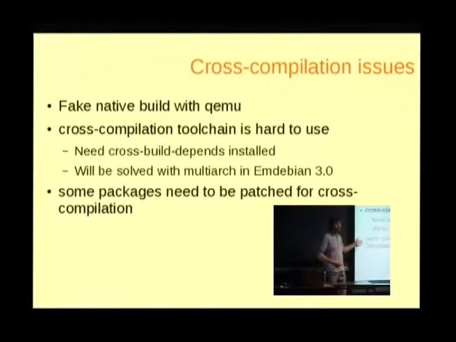And then there is always an issue that the upstreams typically don't care about cross-compilation. And so you need to add patches to support cross-compilation in the first place. The upstreams will typically hard-code paths to /usr/lib, for instance, or /usr/include, so you're pointing to the wrong development files.